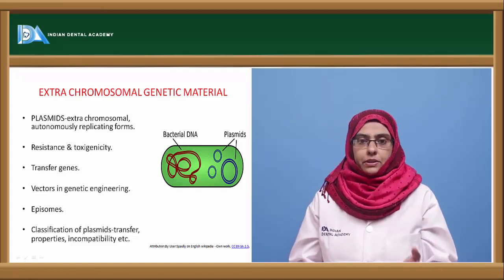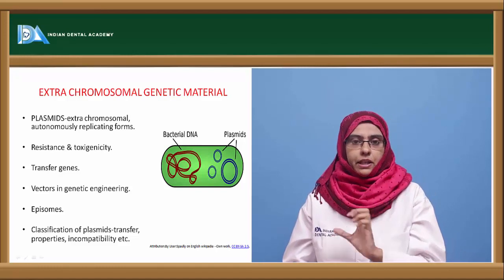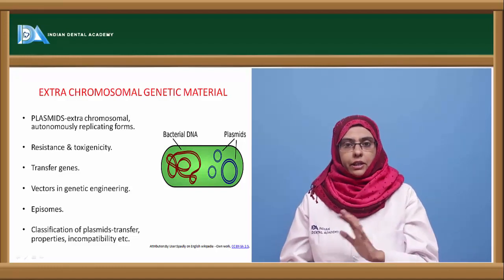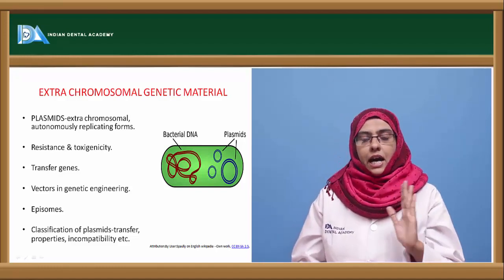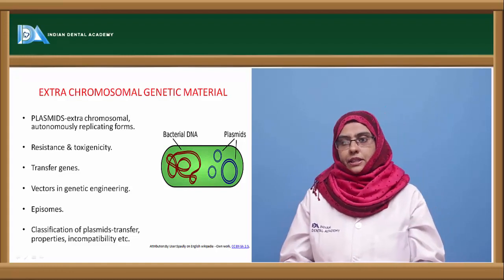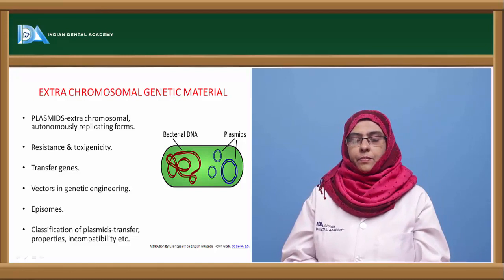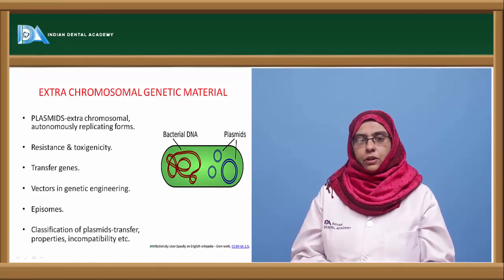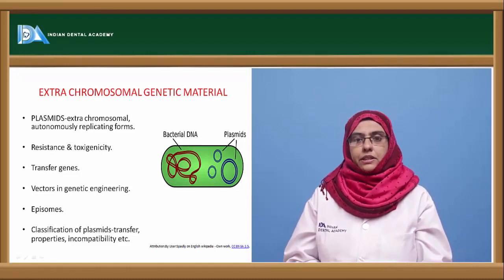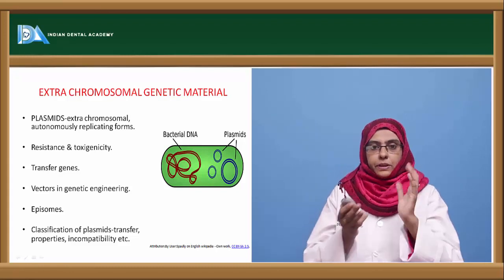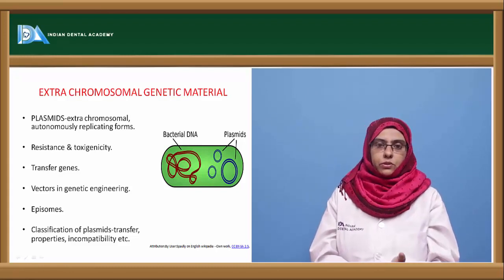So closely related plasmids cannot coexist in a cell and cannot be stable, whereas unrelated plasmids can coexist in a cell. The most important characteristic feature of plasmids is that they confer certain properties to the host to survive in a particular environment.